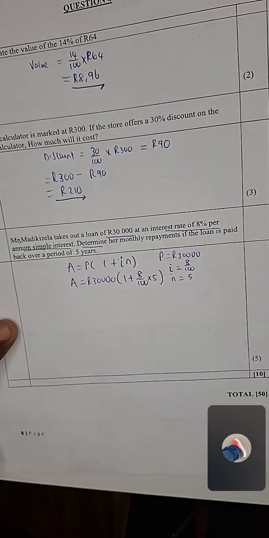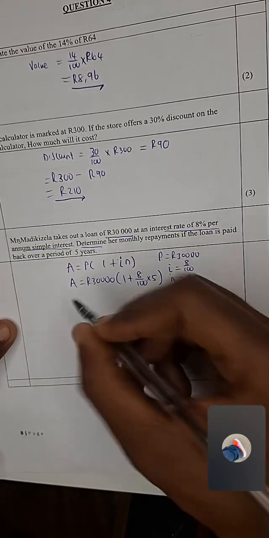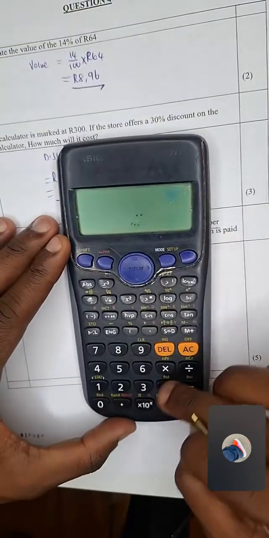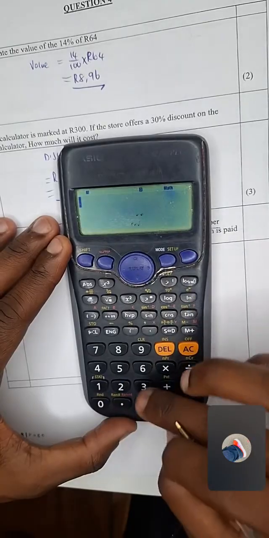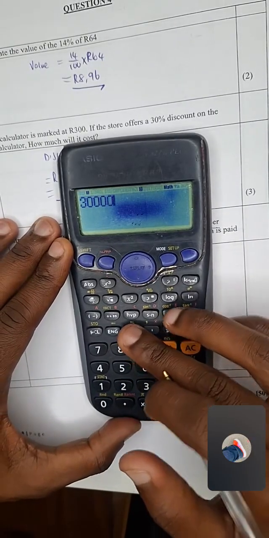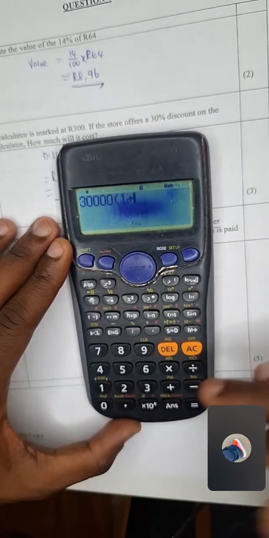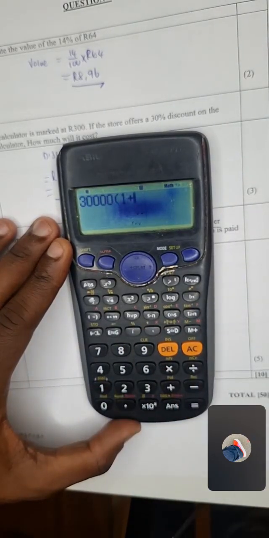Then you'll first put 30,000 on your calculator. Then open bracket 1 plus.